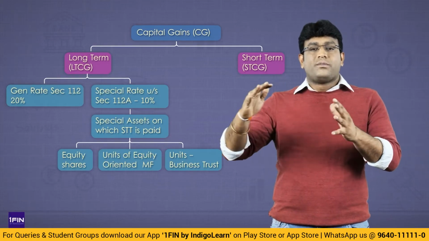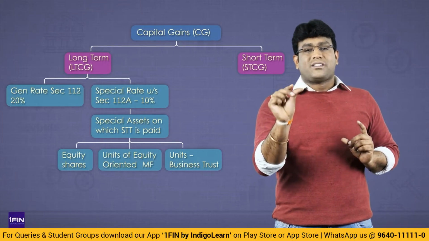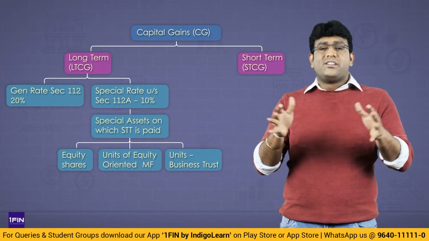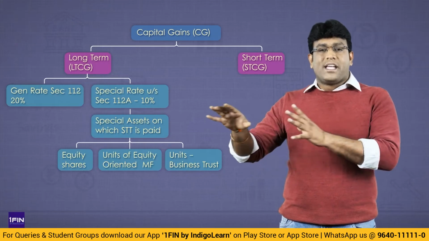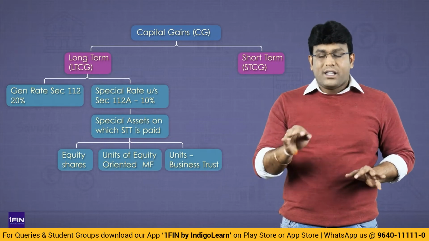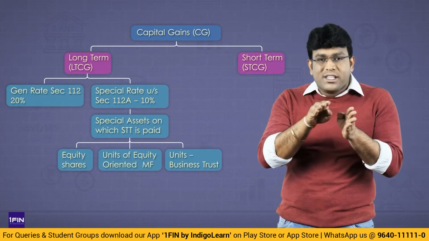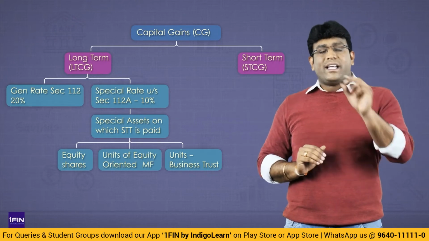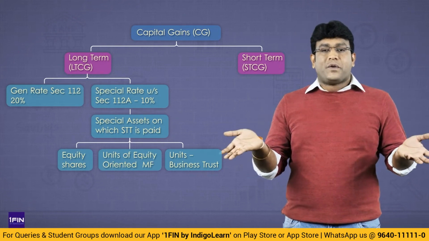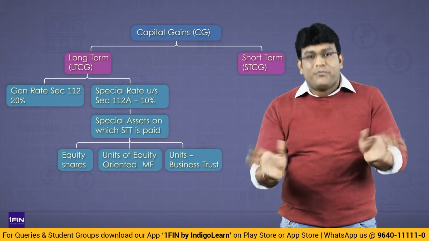Whenever we are doing some transaction on a stock exchange, we are required to pay securities transaction tax, and that is generally 0.01%, and in different cases we have different rates. We need not learn the rates of STT as such, but this section 112A will come into picture only when the transaction is done through a recognized stock exchange and STT is paid. And practically, my dear friends, when you do a transaction through a recognized stock exchange, STT is obvious.